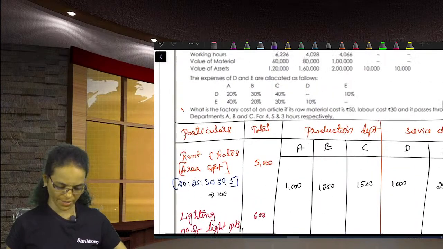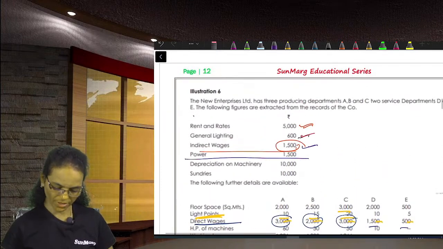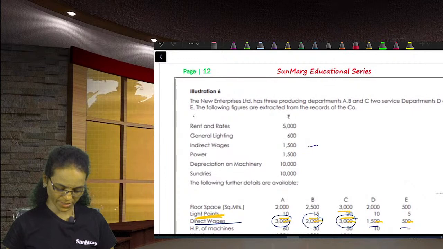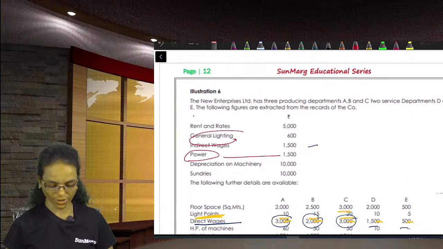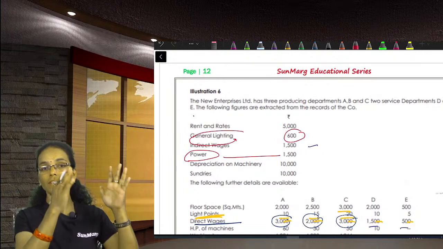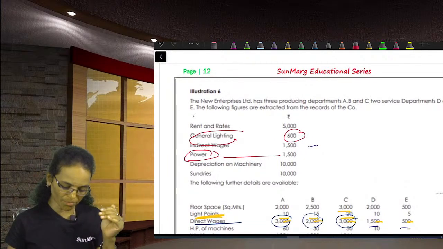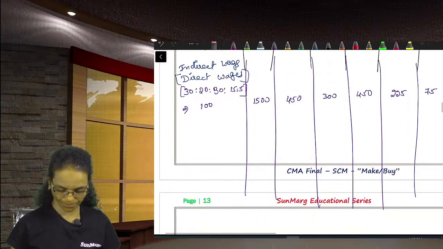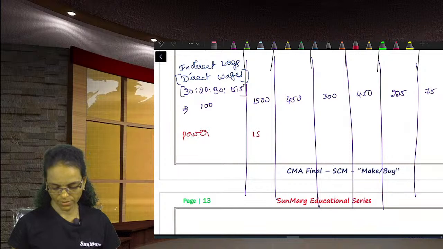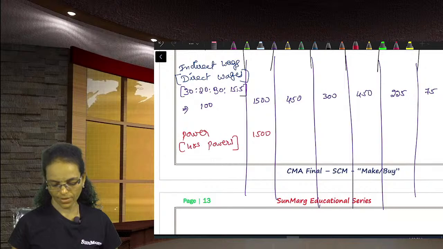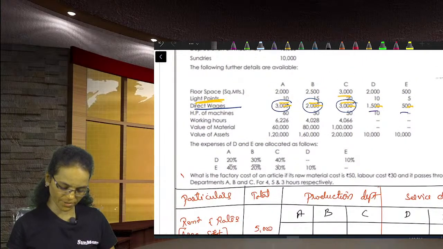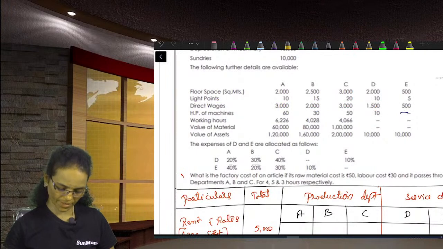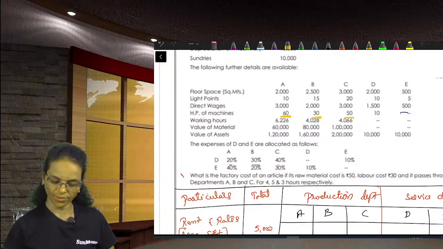Okay, next, power 1,500. Power is different from light points. Light points are on the basis of the number of light points in each department, but power is on the basis of horsepower hours. Power 1,500 on the basis of horsepower, which is given here: 60, 30, 50, 10, 0.